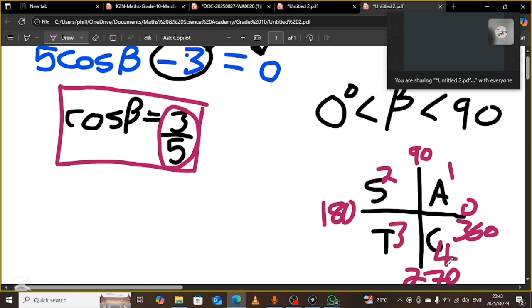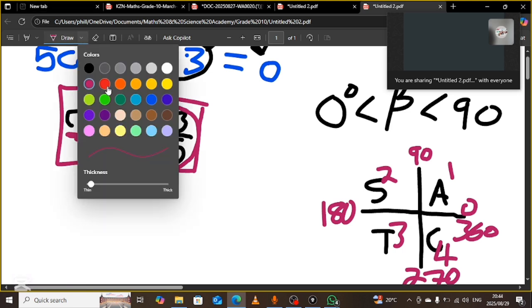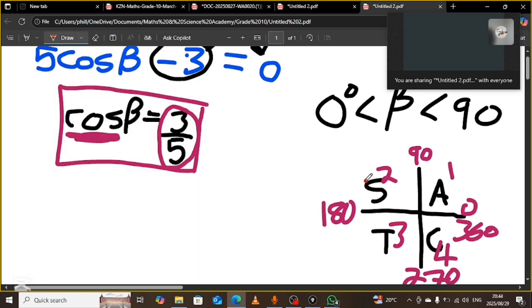We are going to choose a quadrant where cos is positive. This cos beta is positive, so we look at the quadrants where cos is positive. Which quadrants are those?